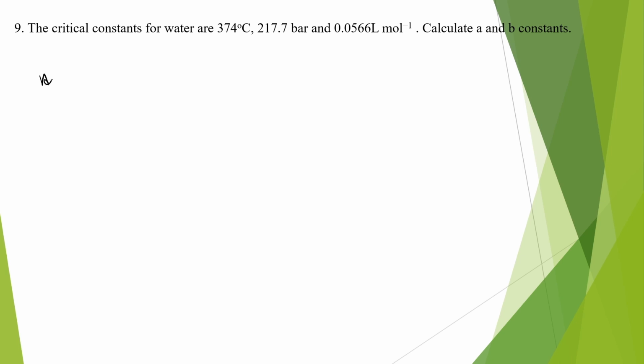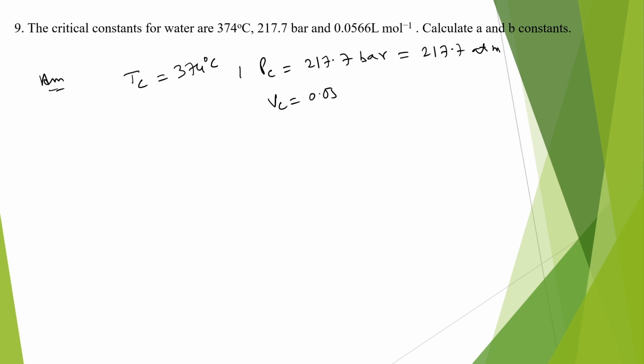So data given are Tc is 374 degrees Celsius, Pc is given 217.7 bar, means roughly 217.7 atmosphere we can say, and Vc is given 0.0566 liter mole to the minus 1.